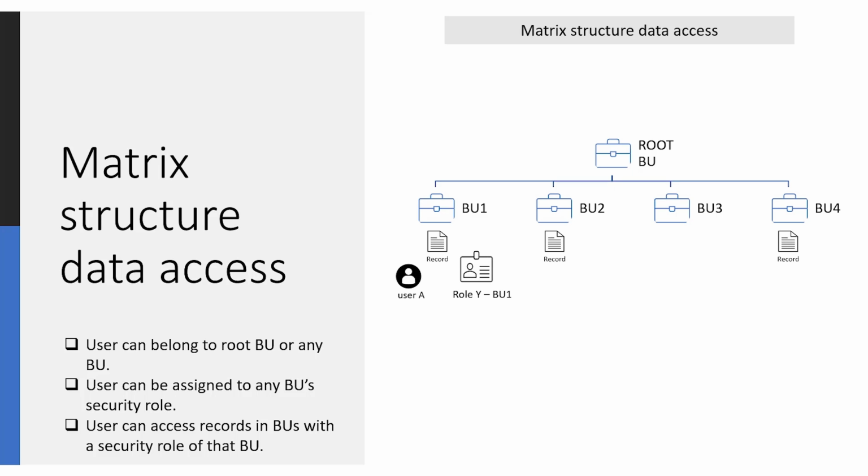A user can belong to the root business unit or any business unit, and can be assigned any business unit security role, and the user can access records in a business unit with a security role of that business unit. Here you can see user A can access data in business units 1, 2, and 4 because the user has a security role assigned from each of these business units.